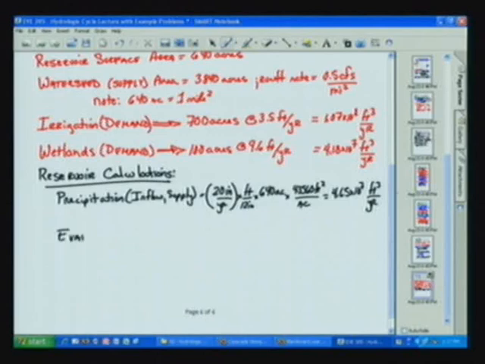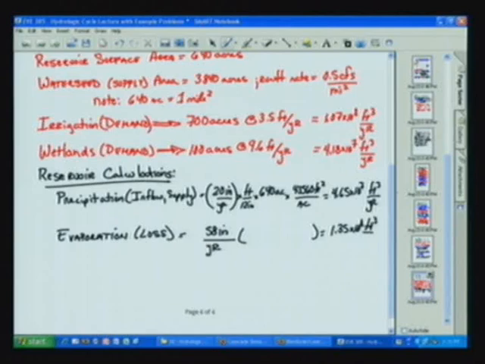Evaporation, which is a loss, and that rate is 58 inches in a year. We have all those same unit conversions, which yield for us 1.35 times 10 to the 8 feet cubed per year.